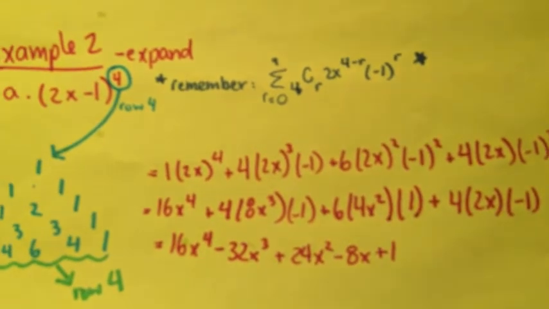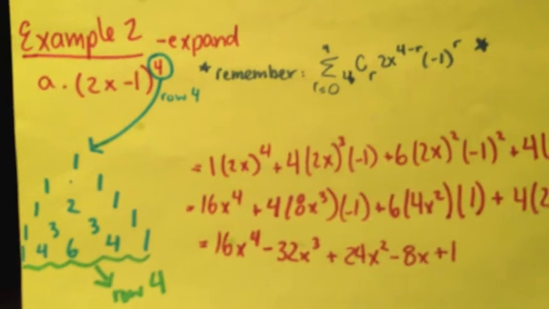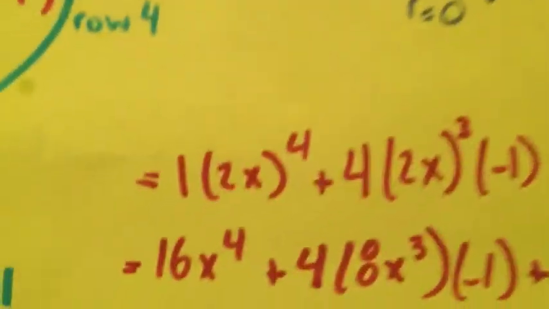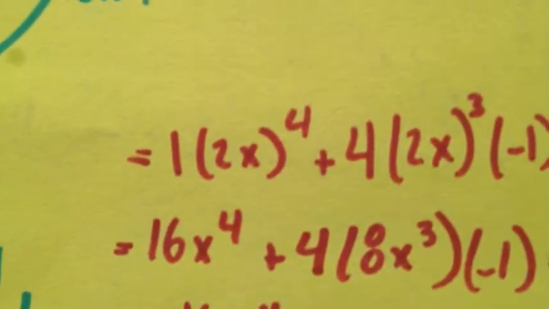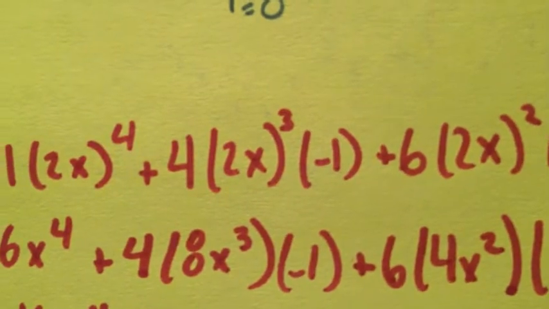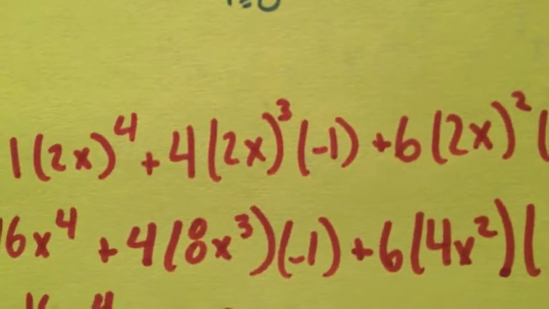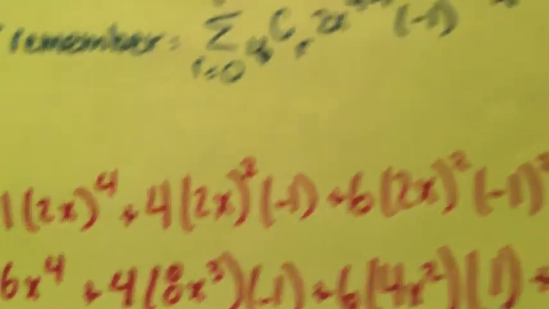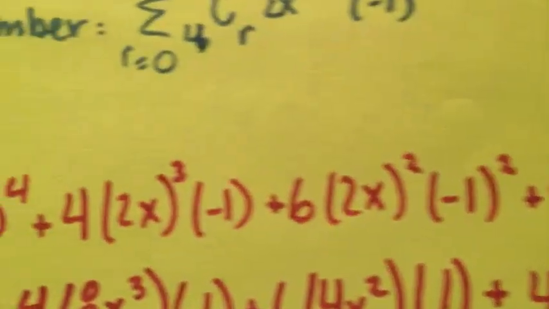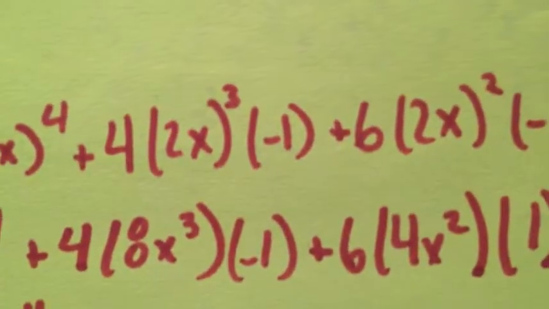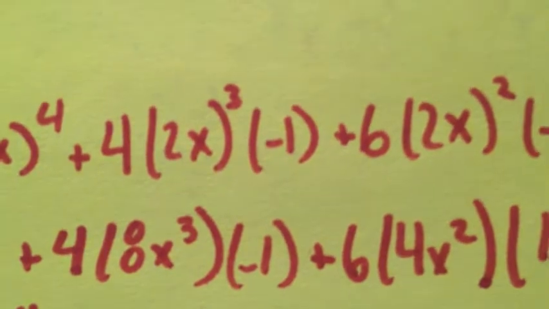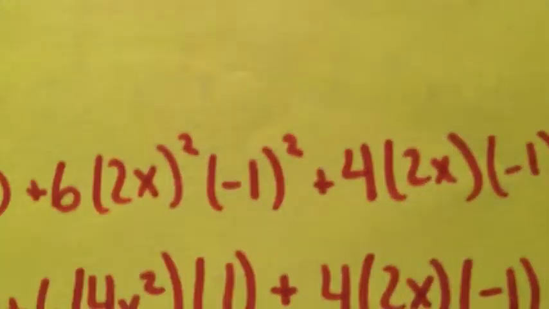Now, we know that the a value is 2x, and you will start off with the exponent of 4 because that is what n is. As you continue on, you can see that the exponent of a decreases, but the exponent of b increases from 1, 2, 3, 4.